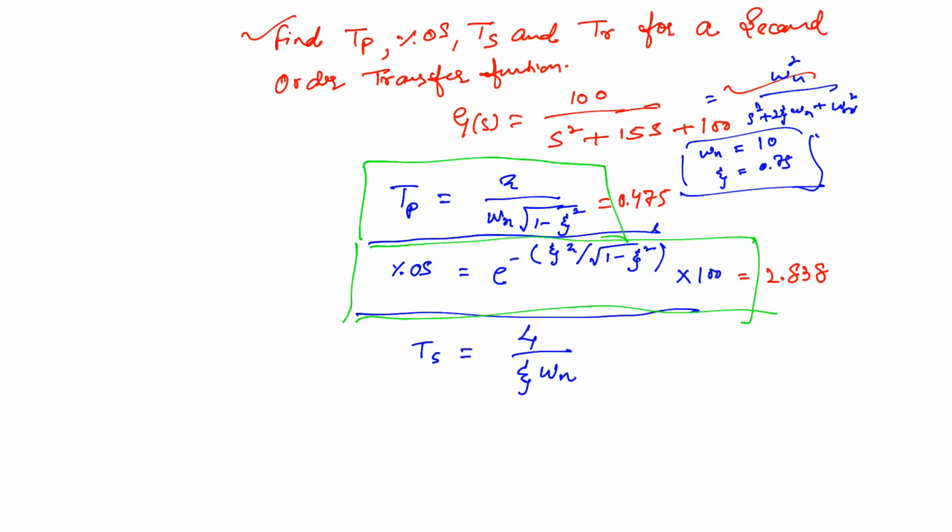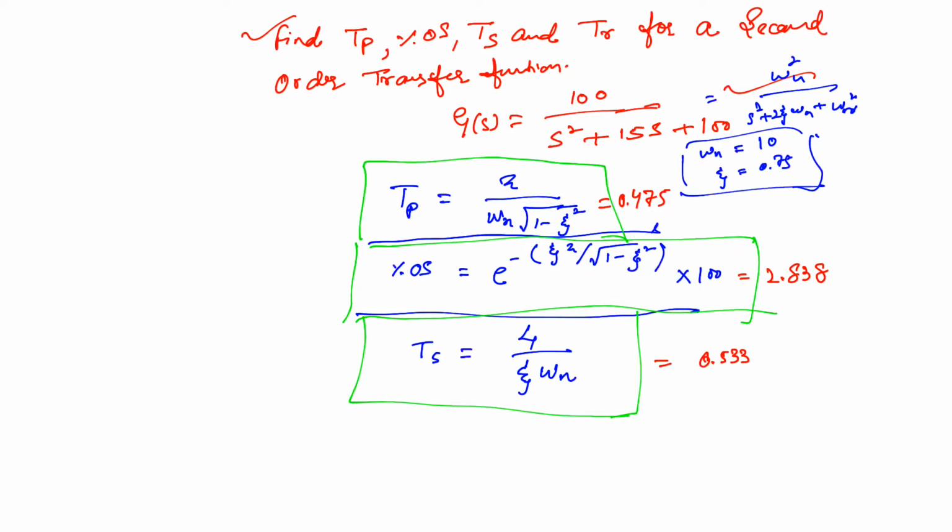Again we have to calculate the settling time Ts, and the expression is Ts equals 4 divided by xi omega n. From this we get the settling time as 0.533.